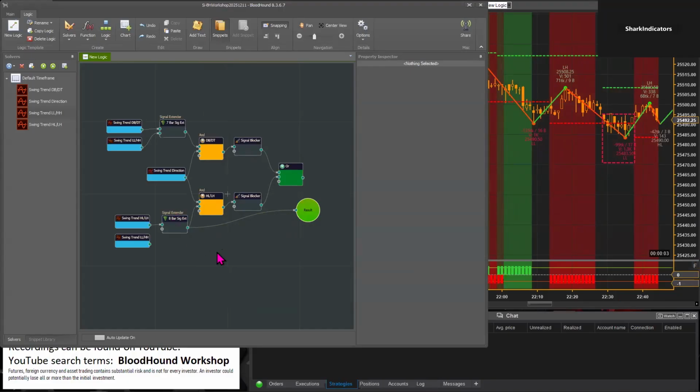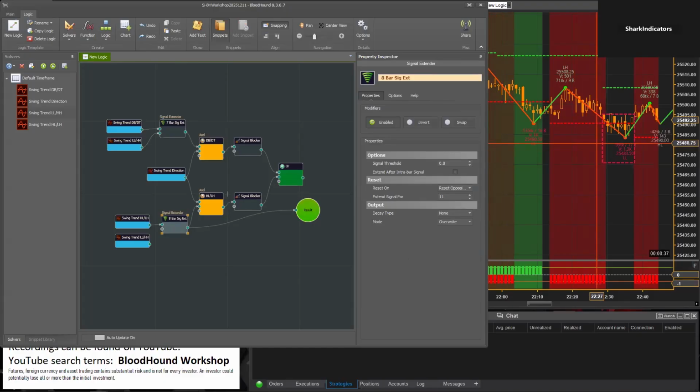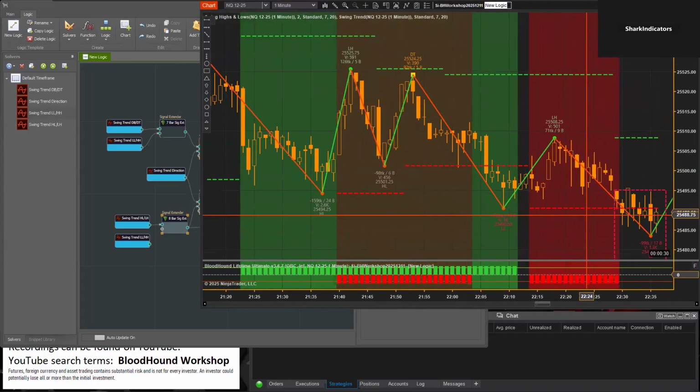Yeah, so our signal extender is only going out 8 bars. Not long enough. All right, so it looks like I just need to extend this signal extender for 3 more bars. There we go. So there, now we have some overlap. Right, if we stretch this out a little bit, right?